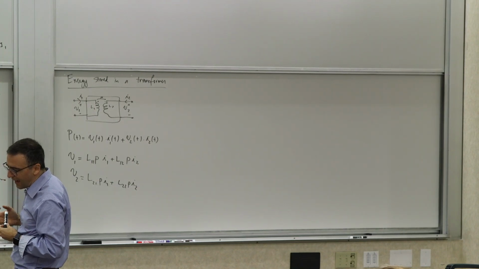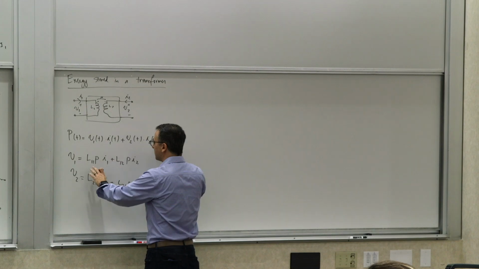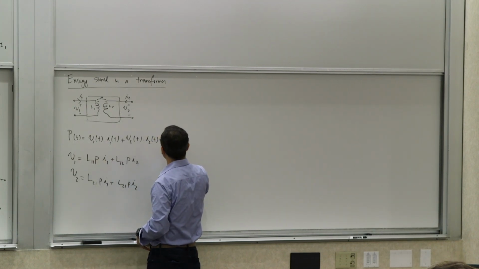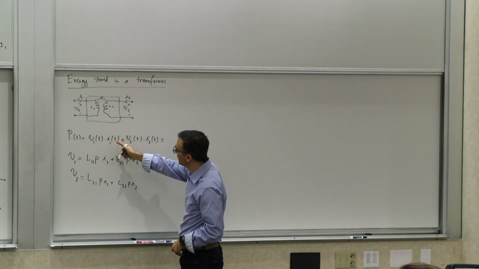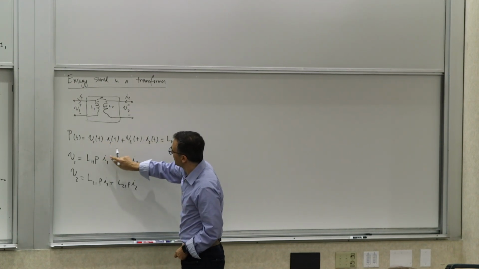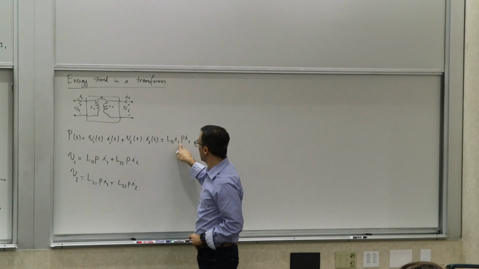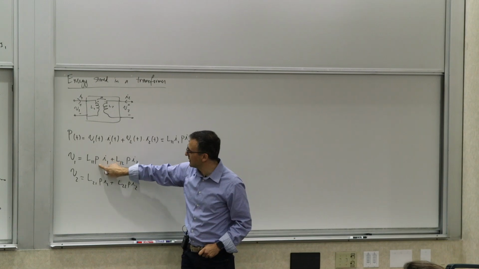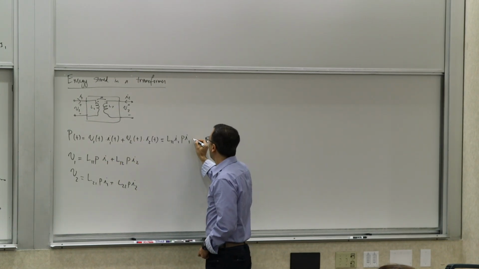So this total power, if you plug these two terms into here, what do you get? You get L11 i1 p i1 from the first term. And the reason I'm writing this is that this is times this, the derivative of that, so I have to be careful which side of p I'm putting it on.